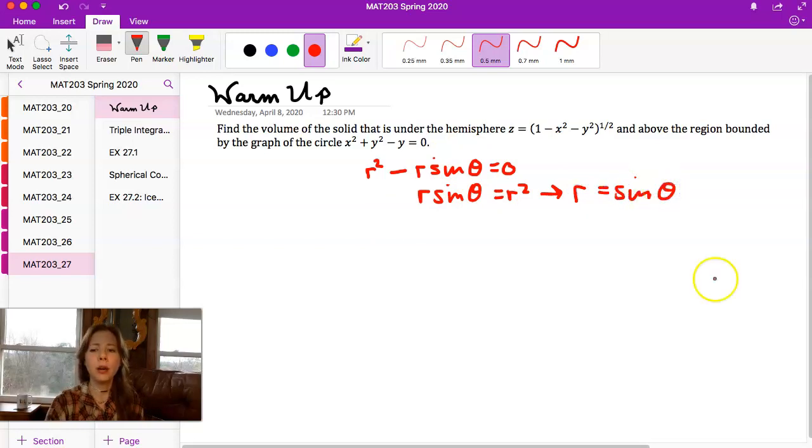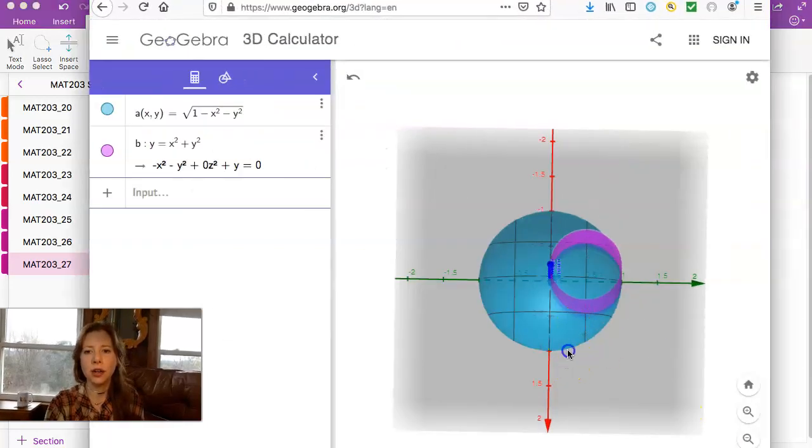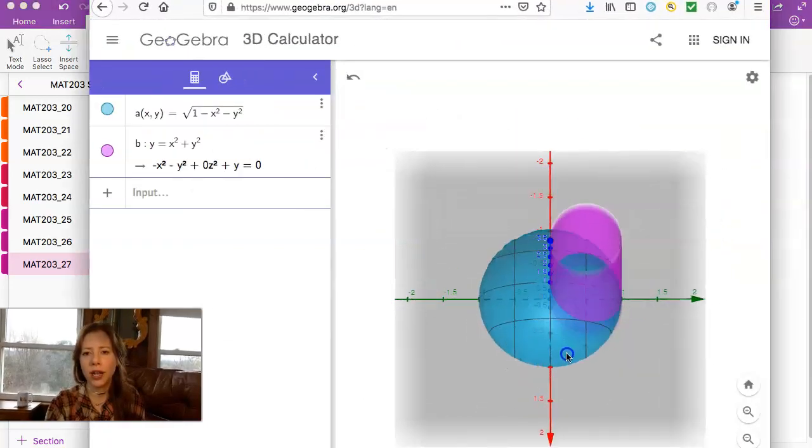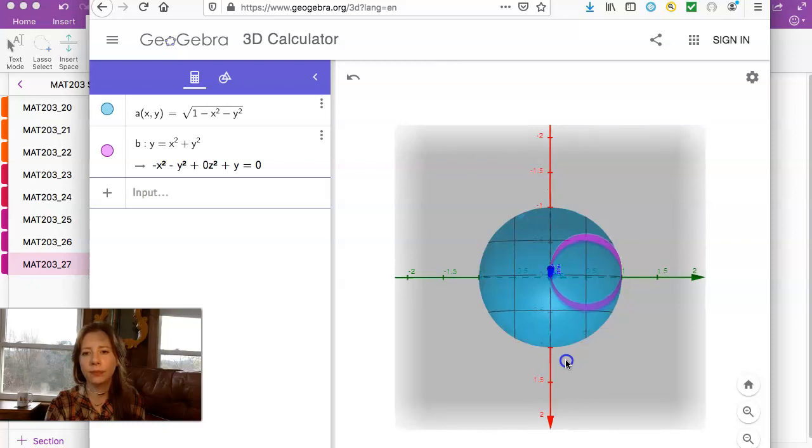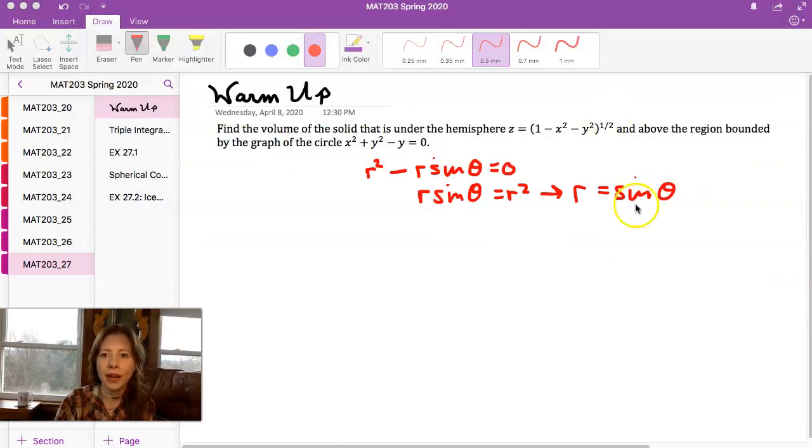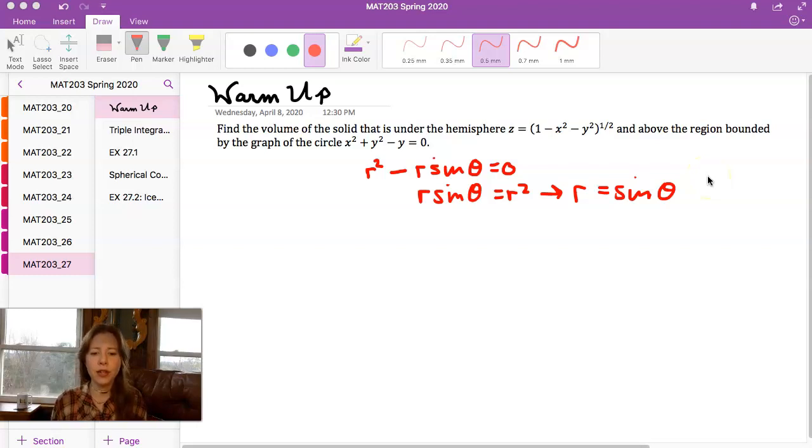If we look back at our figure, we can imagine that we're set by the unit circle. So our max is r equal to sine theta, and our min is 0.